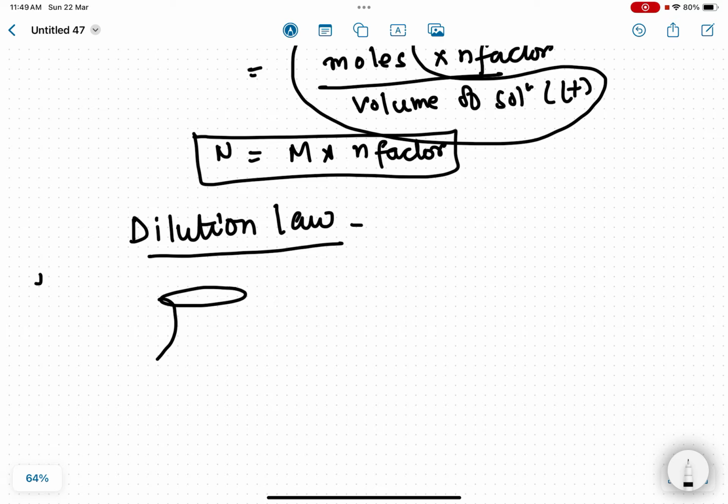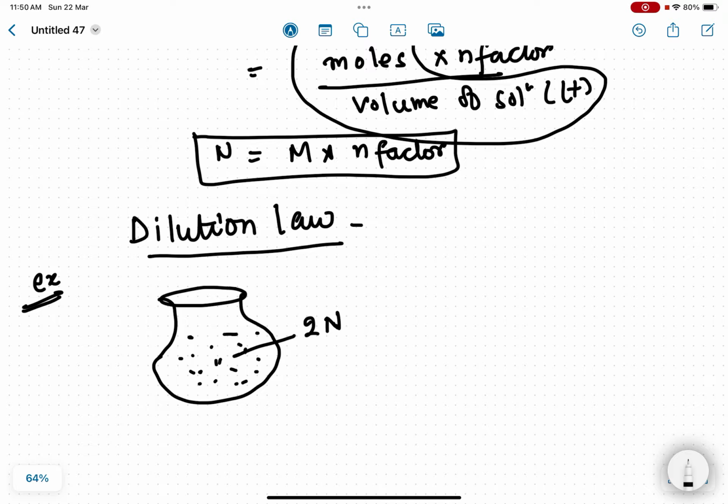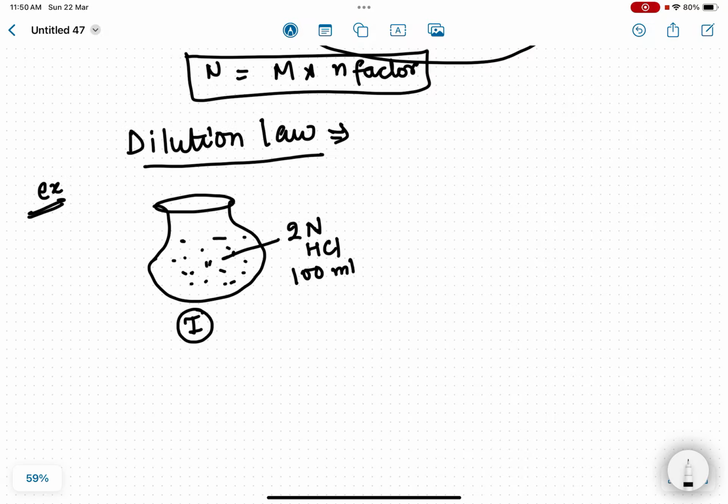I will take an example at the same time. Suppose some solute is dissolved in a solution. The initial concentration of HCl is 2N in 100 ml volume. So we will understand dilution law and simultaneously understand the calculations.